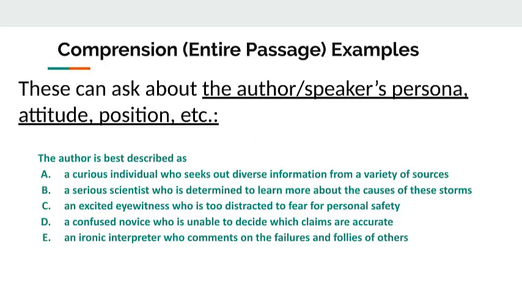The questions could ask about the author or speaker's persona, attitude, position, etc. Now again, the author is best described as a curious individual, a serious scientist, an excited eyewitness, a confused novice, an ironic interpreter. So again, we don't have just the role, but also an adjective describing that role. So pay attention to those choices.